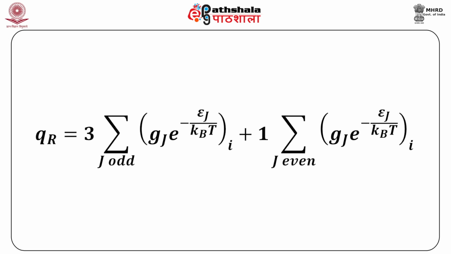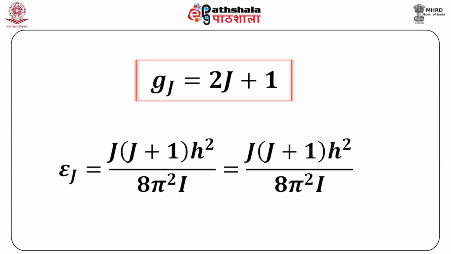The equation can be written as Q_R is equal to 3 times summation over j odd, this summation is over odd values, plus 1 times summation over j even. These 3 and 1 come because of the nuclear spin states. For odd there are 3 states available as we mentioned, and for even 1 state is available.